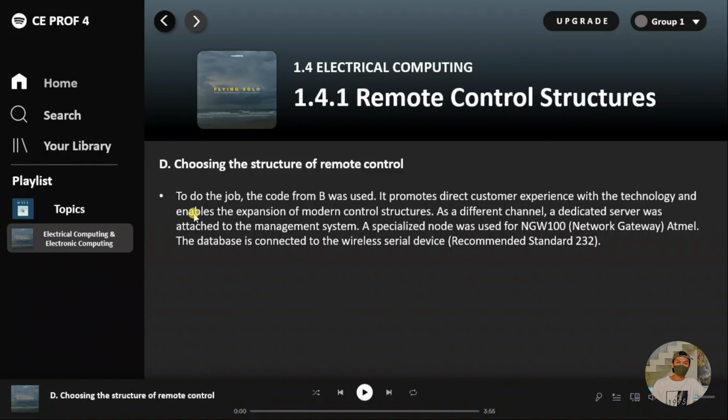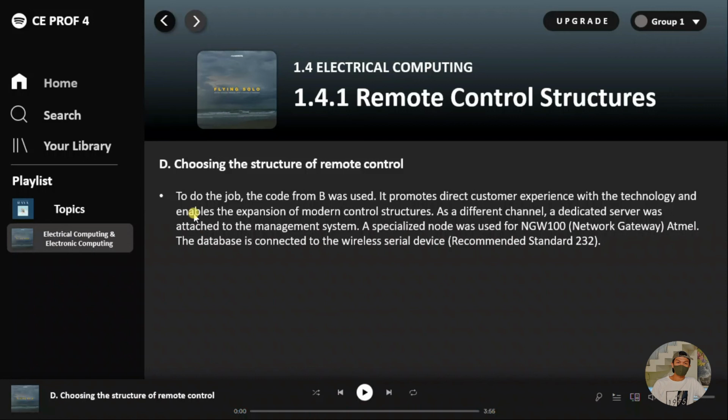As a different channels, a dedicated server was attached to the system or management system. A specialized node was used for NGW100 or network gateway. At MEL, the database is connected to the wireless serial device or recommended standard 232.